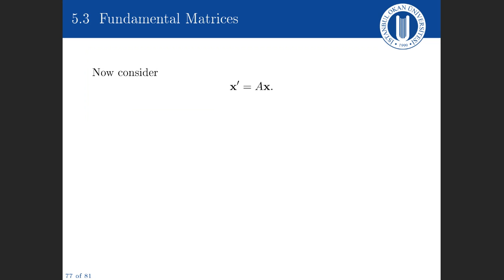Now, x prime is equal to Ax. The key idea in this section is we're going to define a new variable called y. And we're going to define it like this. We're going to say x is equal to Ty, or saying this another way, y is equal to T inverse x. That's the key idea in this method of diagonalization, which we're going to be using next week.